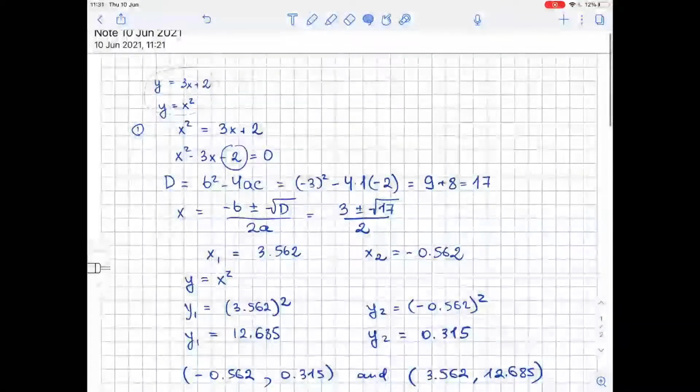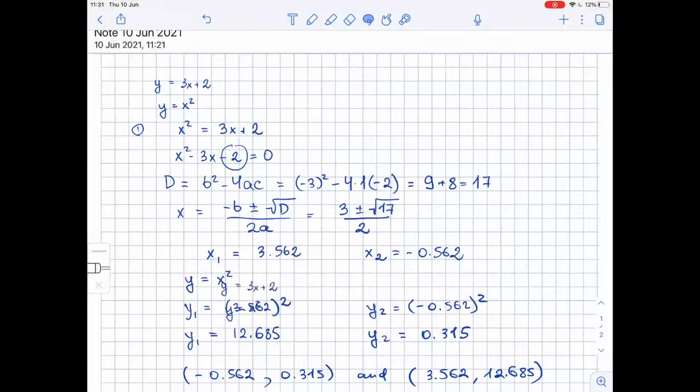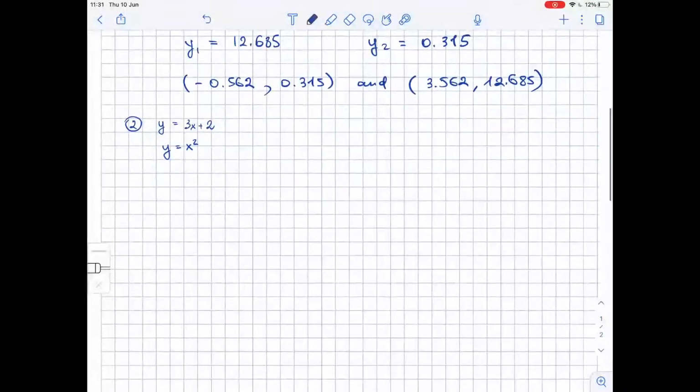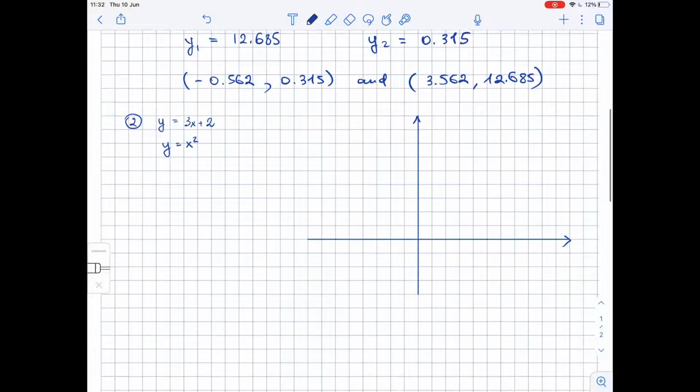So part 2. Well, so we start by building the xy plane. Let's start by building the line.